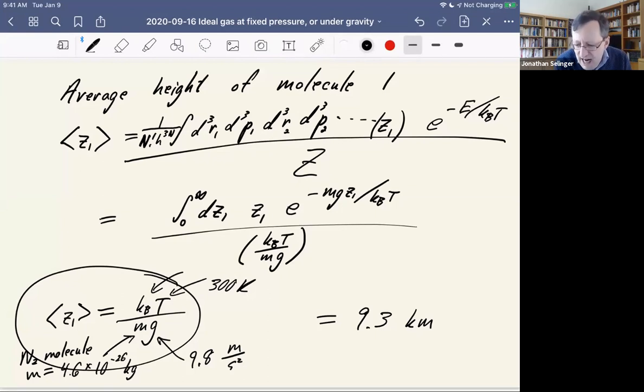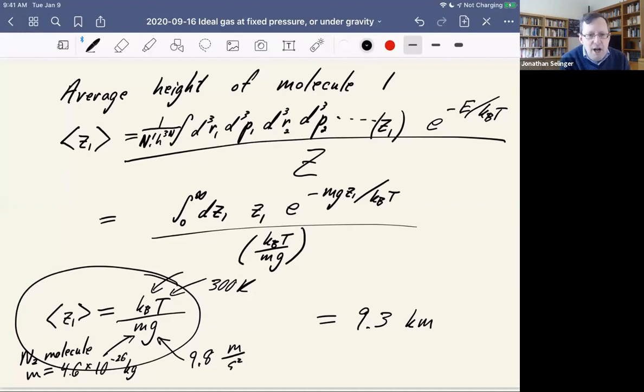So if we had a spherical Earth, then I would use a spherical coordinate system, okay? And then instead of integrating over x, y, and z, I'd integrate over r, theta, and phi, right? And the theta and phi integrals would be simple. And I'd have a more complicated integral over r, right?